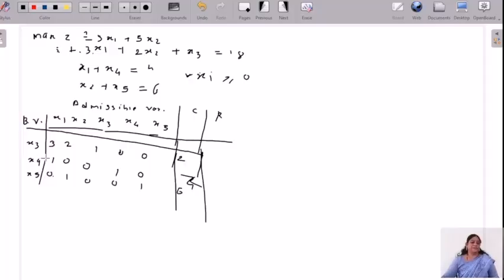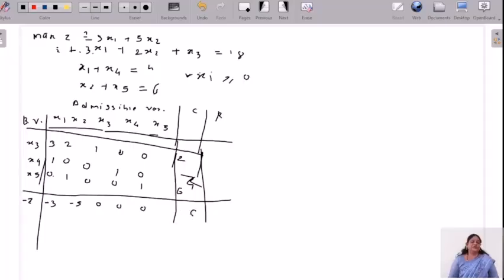Then here you have to write minus of z. Your coefficients of C1 are 3 and 5. You have to write them as minus 3 and minus 5. Then there is no x3, x4, x5 in the objective function.